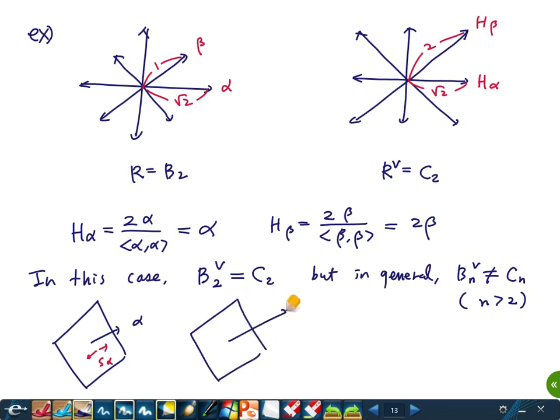H alpha is really a constant multiple of alpha. So S of H alpha is really the same as S alpha. So their Weyl groups must coincide. They have to be the same. But for root systems, in this case we got the same or isomorphic root systems, but in general R check is not isomorphic to R. Okay, I think I can stop here and see you next time.